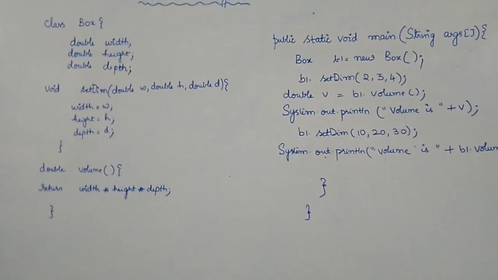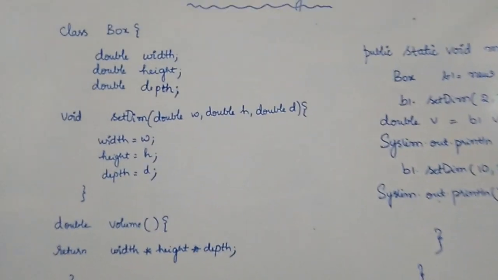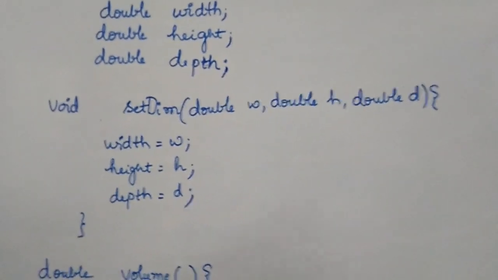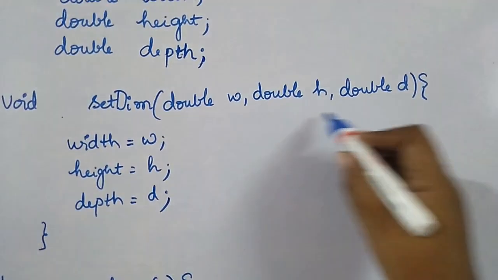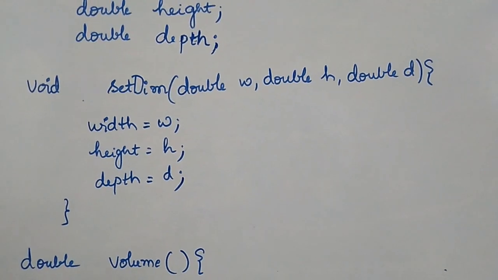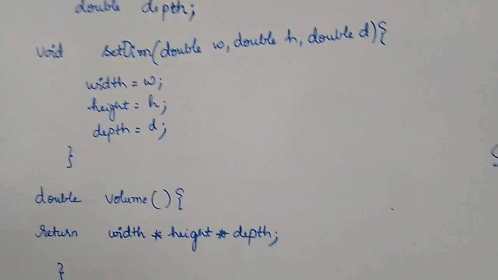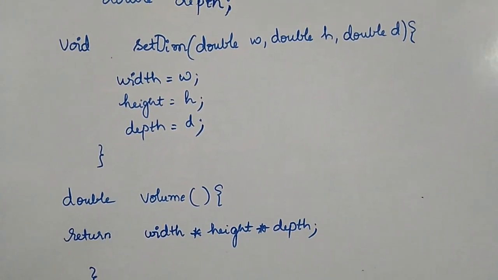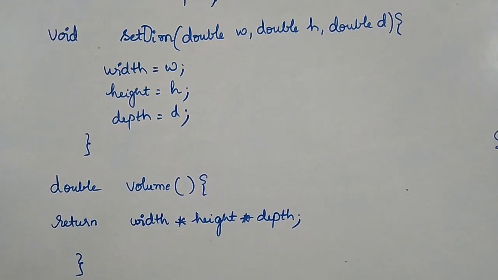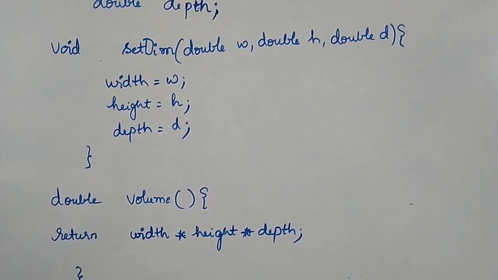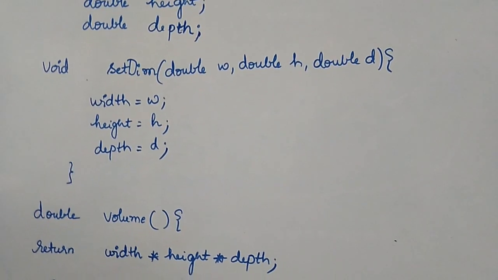Take a look at this particular program, wherein I am having a method which is setDimensions, which is a parameterized method. We already have seen how to create a method with no args and no return type. Then we added the return type, and now we are adding a parameter list inside the method.